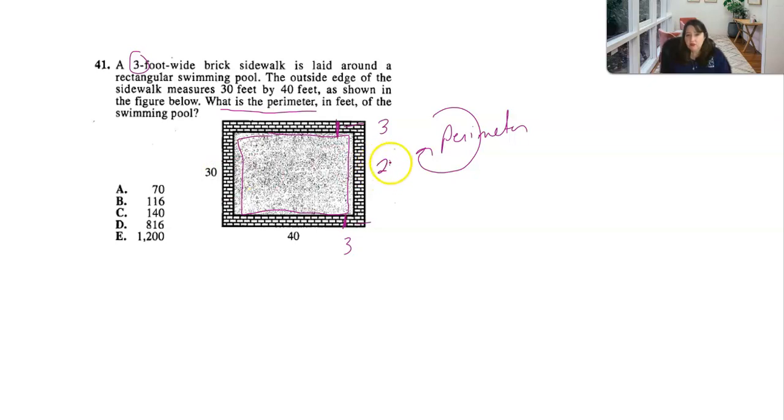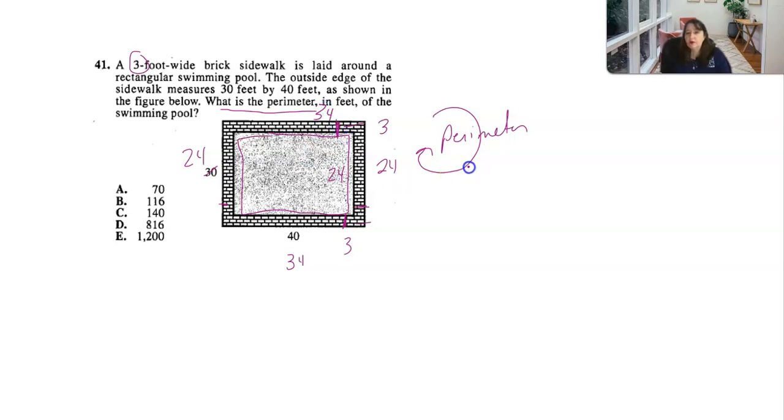I end up with 24 in my pool. So I put a 24 here, but I want to put it on both sides, because I want perimeter. And then I do the same thing over here, and since I'm subtracting 6 there, I'm also subtracting 6 here. So I'll end up with 34 over here and 34 over here.